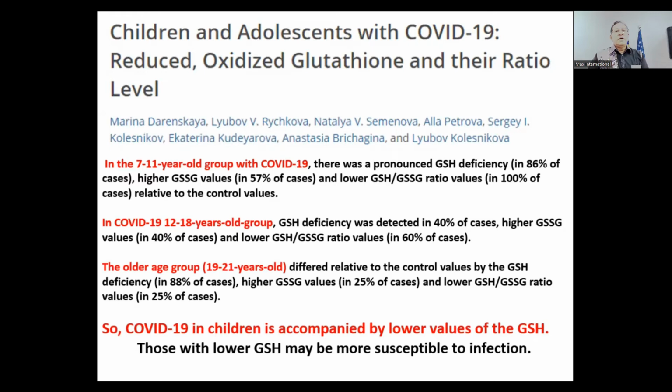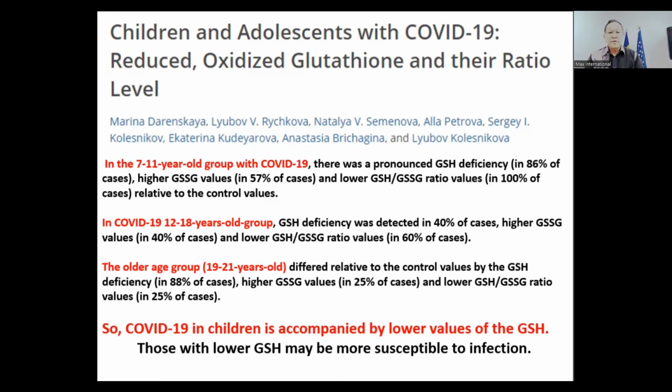Okay, and then in the next higher group, 12 to 18 years old, the situation was not that bad as in the youngest group. And then in the older group, 19 to 21, the situation was worse again. So that's not consistent. But the point is, in all groups, glutathione levels were reduced, right? And the ratio of active to inactive glutathione was also reduced.